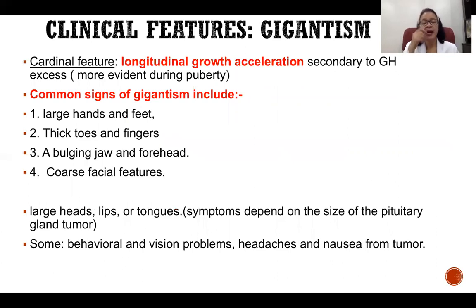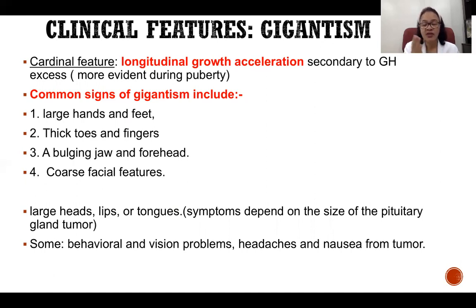So what could be the manifestations or the clinical features of patients with gigantism? The cardinal feature, of course, is longitudinal growth acceleration secondary to growth hormone excess. This is very evident during puberty. The common signs would also include large hands and feet, very thick toes and fingers. There is bulging of the jaw and forehead.